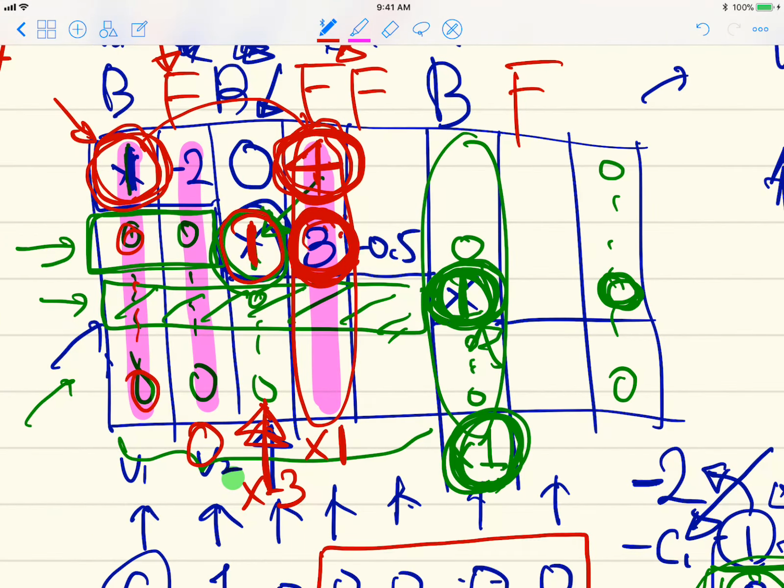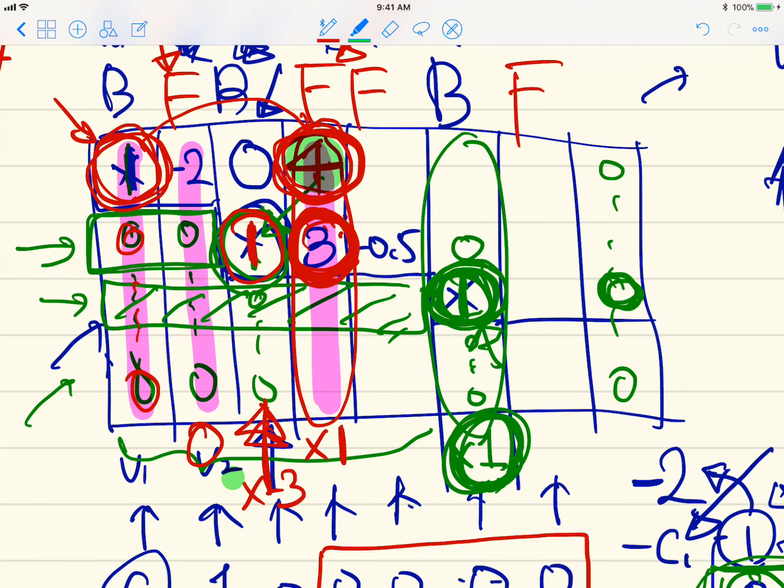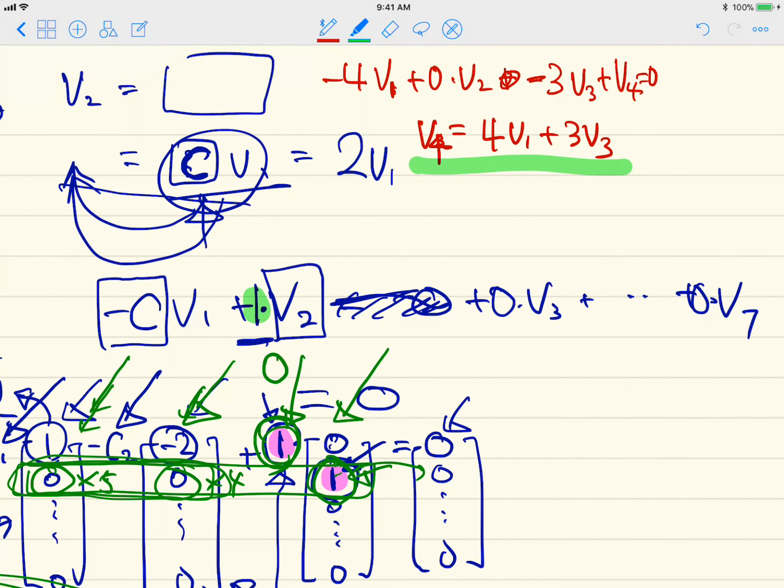Because we have 4 here, and we can create that 4 by just multiplying the first pivot, and for this 3 we can make that 3 by just multiplying the second pivot by 3, right? So that way we can represent this.